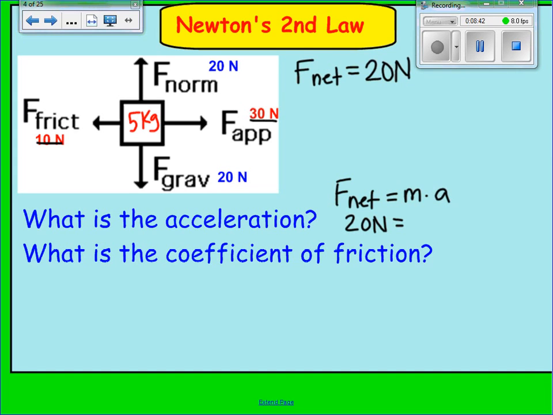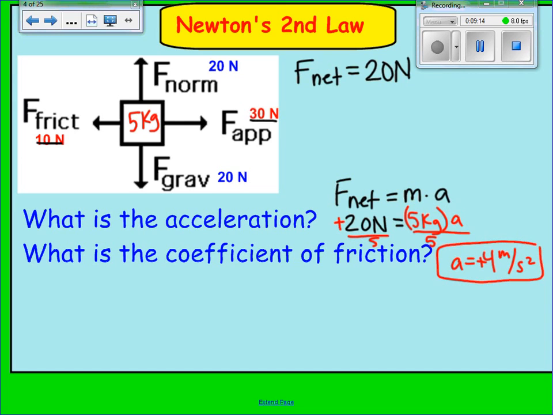So if the block's mass is 5 kilograms, we'd be able to figure out that the acceleration is just 20 newtons divided by 5, or in other words, acceleration is 4 meters per second squared. Notice how the acceleration is positive because net force was positive. If net force was negative, acceleration would have been negative as well. Remember, net force and acceleration go together.